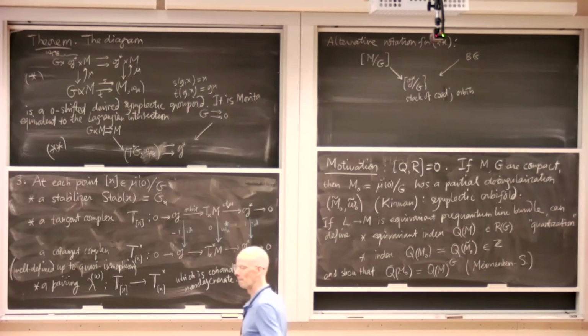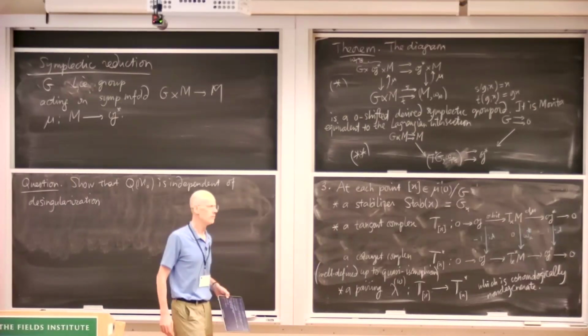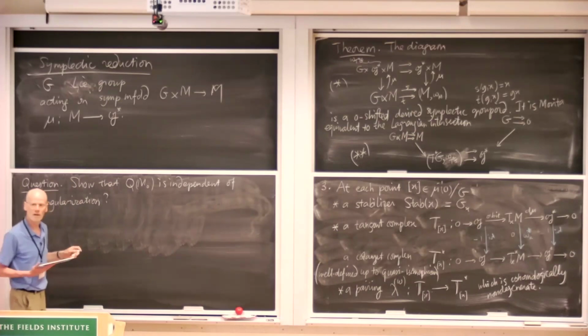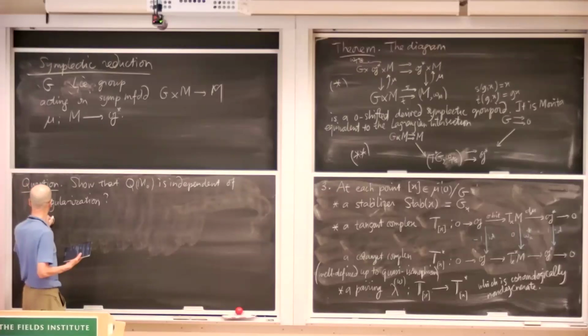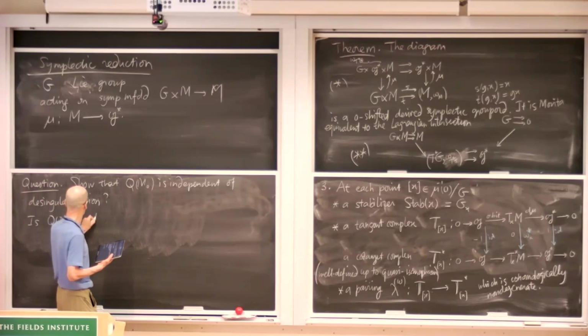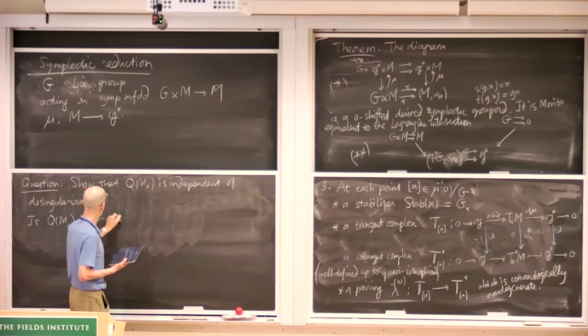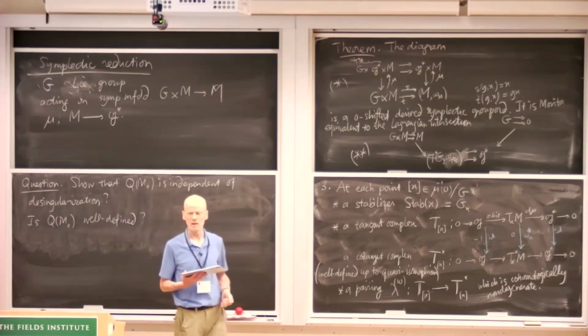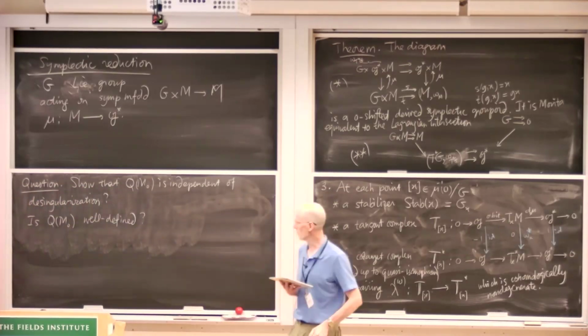So I think you're asking about the well-definedness on the left-hand side? Yes. Is it well defined? Well, the question is, what structure do you need to make sense of it?